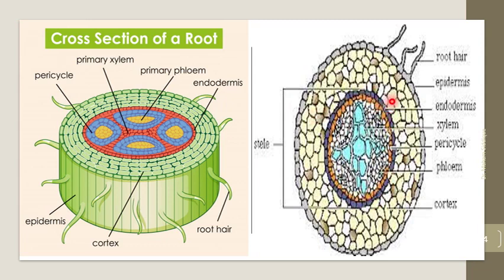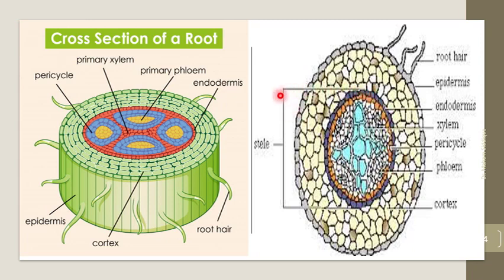In this diagram, you can see the epidermis, and root hairs arise from the epidermal cells. Then cortex. This is the cortex. Blue line shows the endodermis layer. Then xylem and phloem show vascular tissues, and pericycle, as we defined earlier, is the thin layer present between the endodermis and the phloem.